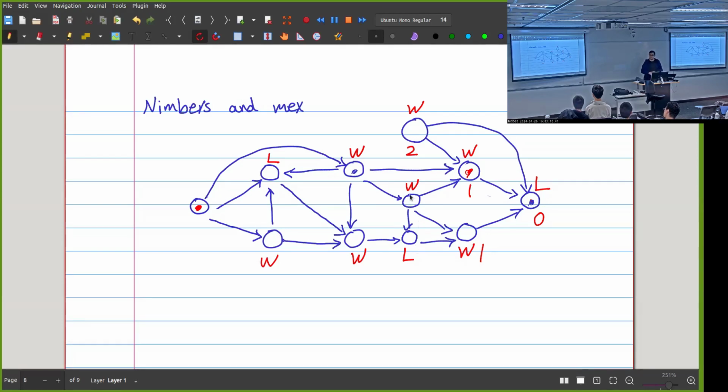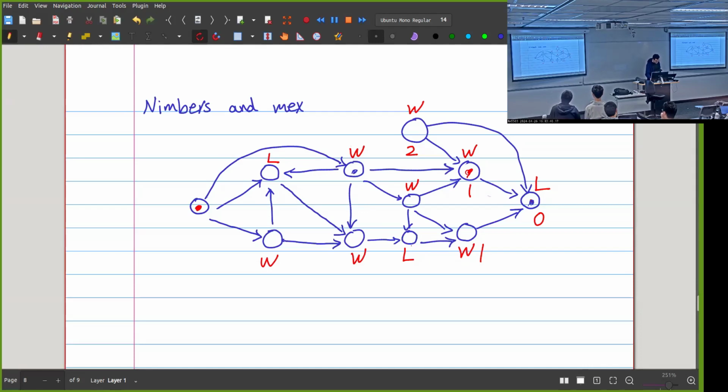Now, what should I assign to this vertex? This vertex has edges that go to vertices with numbers of 1, but it doesn't have an edge to a vertex with a number of 0. Or actually, sorry, maybe it does. I again forgot that this is in topological order.